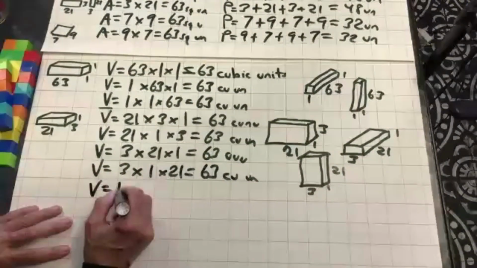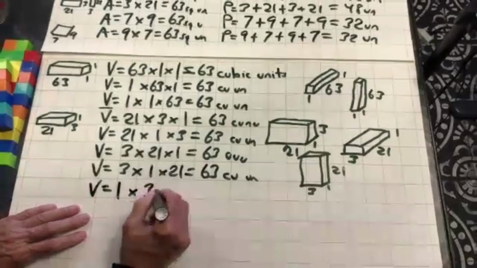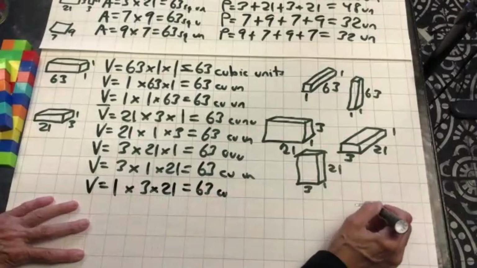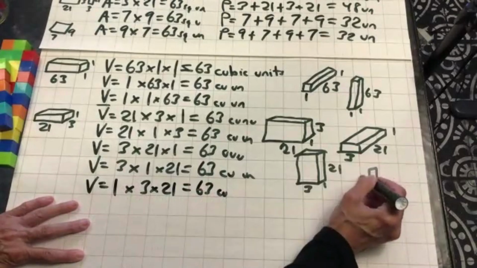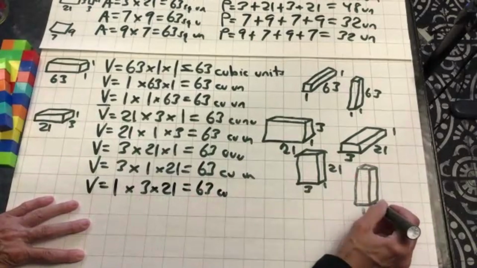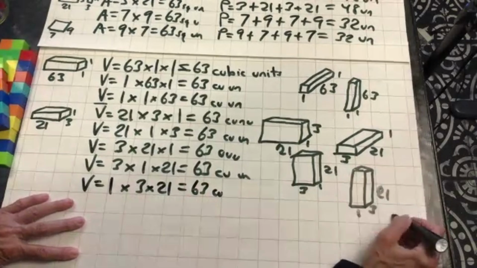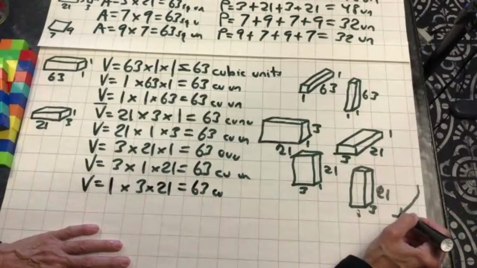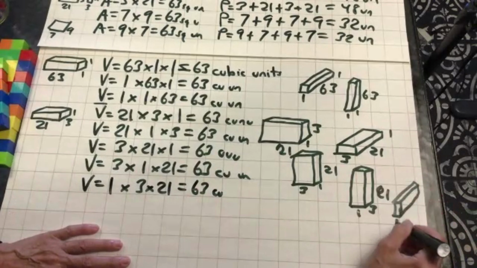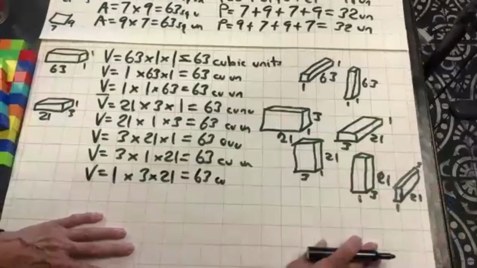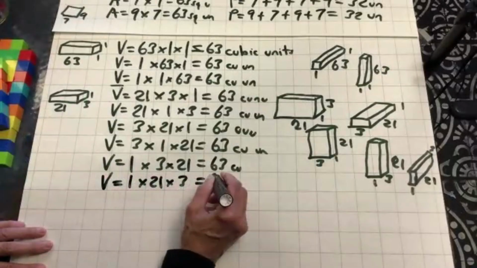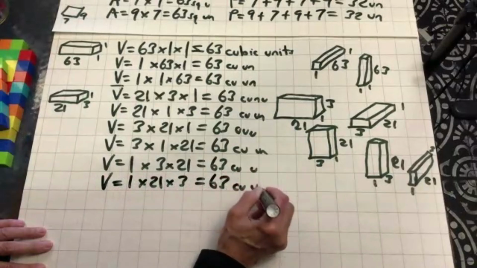And then we're going to go into 1 by 3 by 21. And then we're going to do a 1 by 21 by 3. All right, so that would be 1 by 21 by 3 equals 63 cubic units.